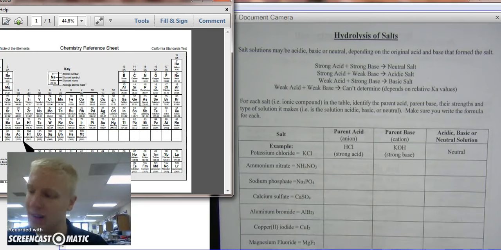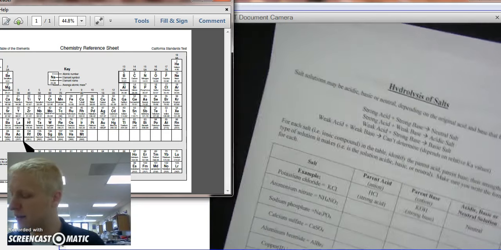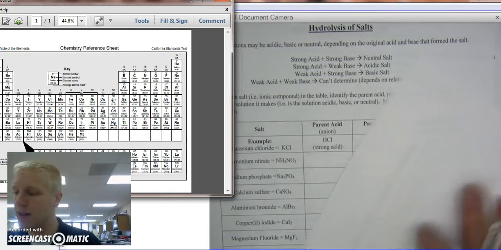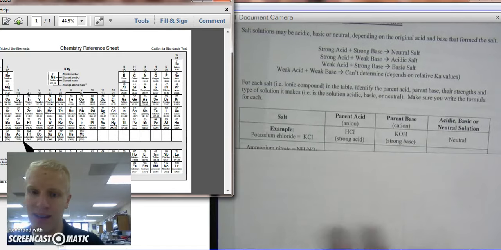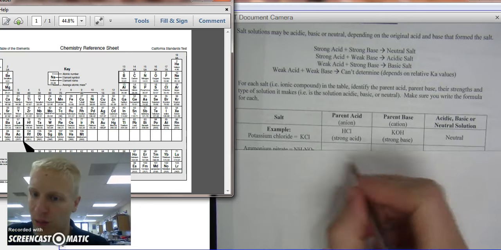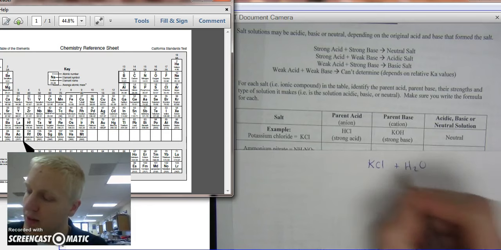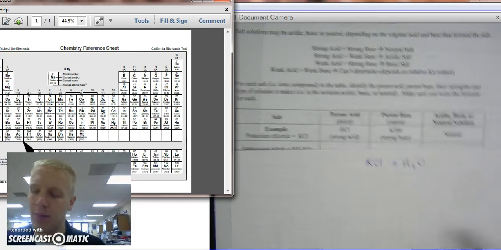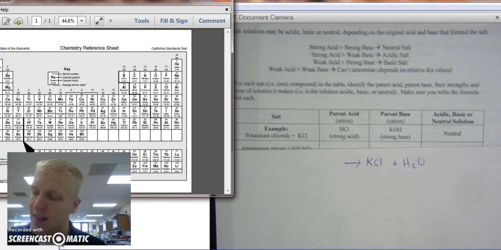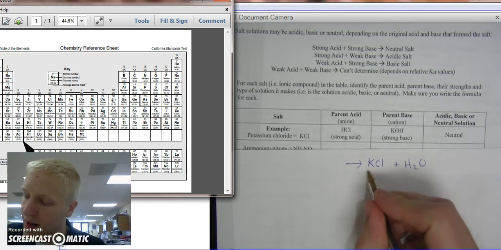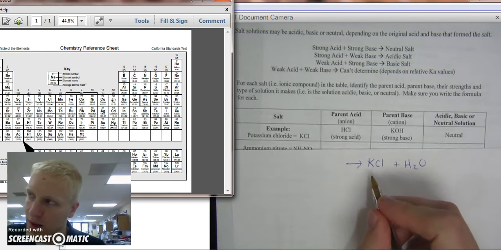So we need to take a step back. Get a scratch sheet of paper and write this neutralization reaction out. So KCl is a salt, it's the product. We always have salt plus water on the product side of a neutralization reaction. Then we have to figure out, alright, an acid has an H, a base has an OH.